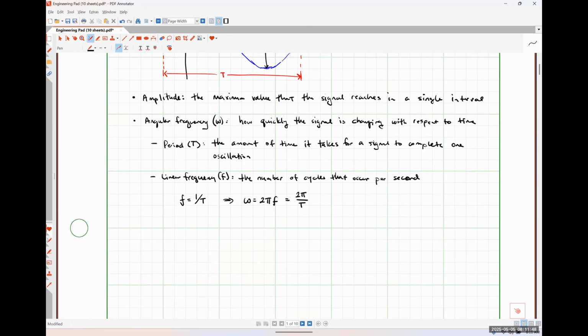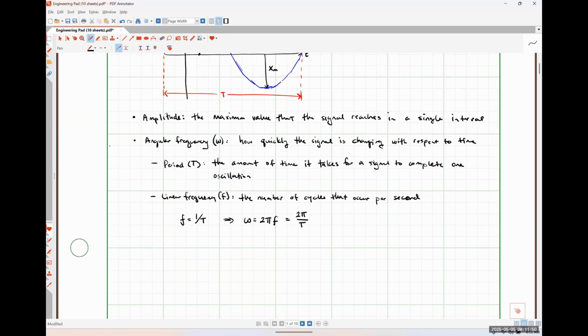But we typically express sinusoids in this class in terms of their angular frequency omega. For what it's worth, our angular frequency omega is always measured in radians per second. And our linear frequency f is always measured in cycles per second, which is more commonly called the unit of a hertz, H-E-R-T-Z.